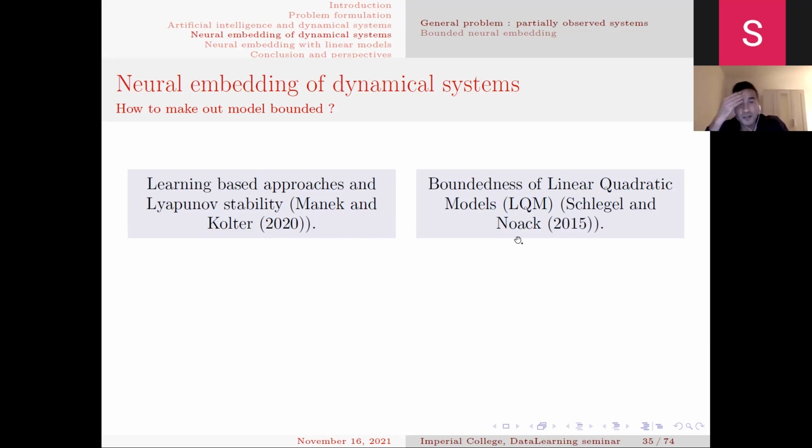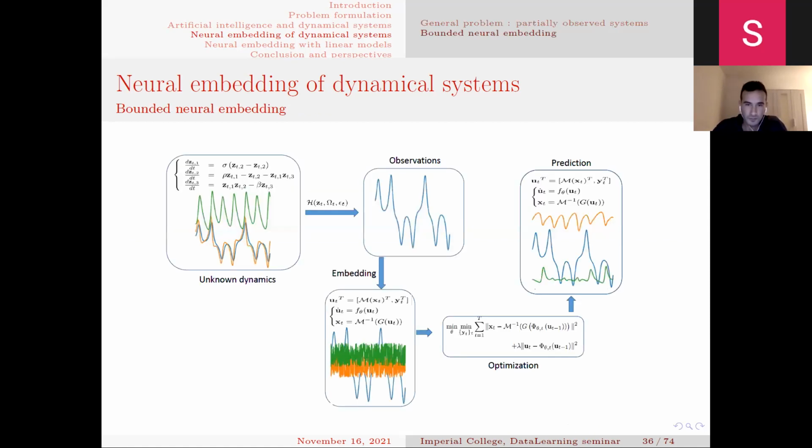We then figured out that we can exactly achieve boundedness of the models simply by restricting the form of neural ODE to be linear quadratic, and then by adding some energy constraints over the linear and quadratic parts of the model. And how do we do this in practice?